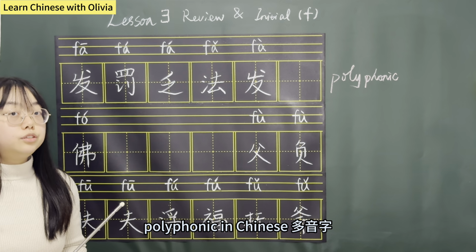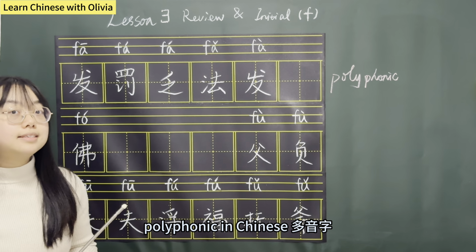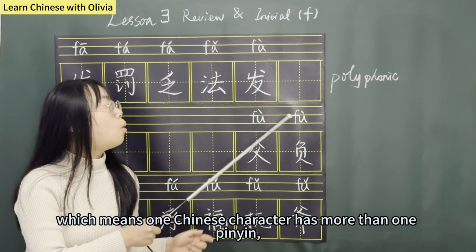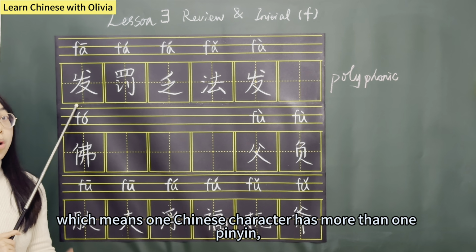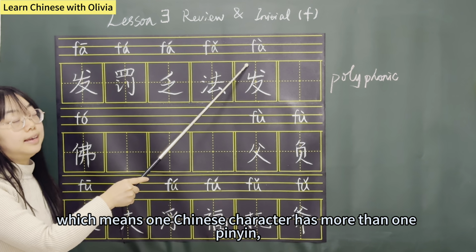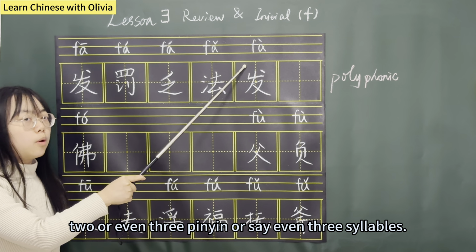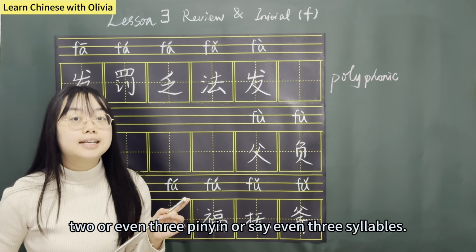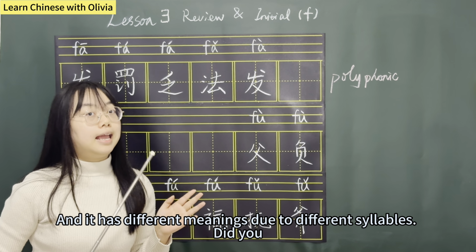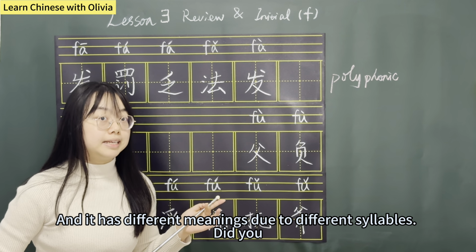Polyphonic. In Chinese, 多音字, which means one Chinese character has more than one pinyin, even 2 or even 3 pinyin, or say even 3 syllables. And it has different meanings.